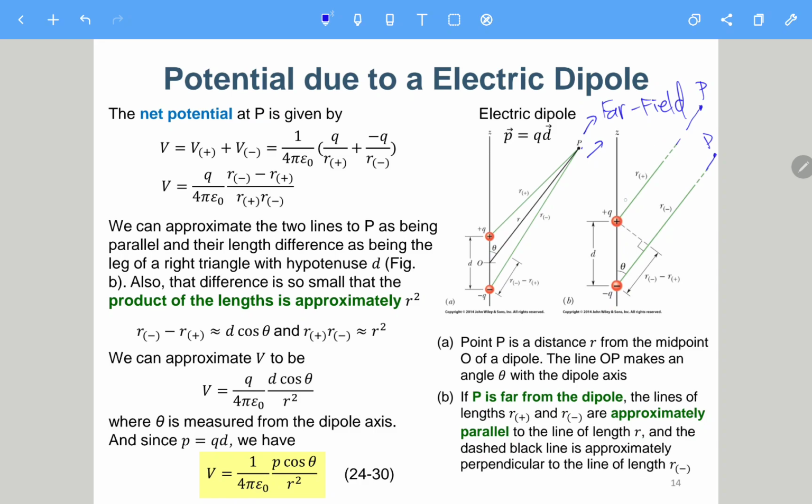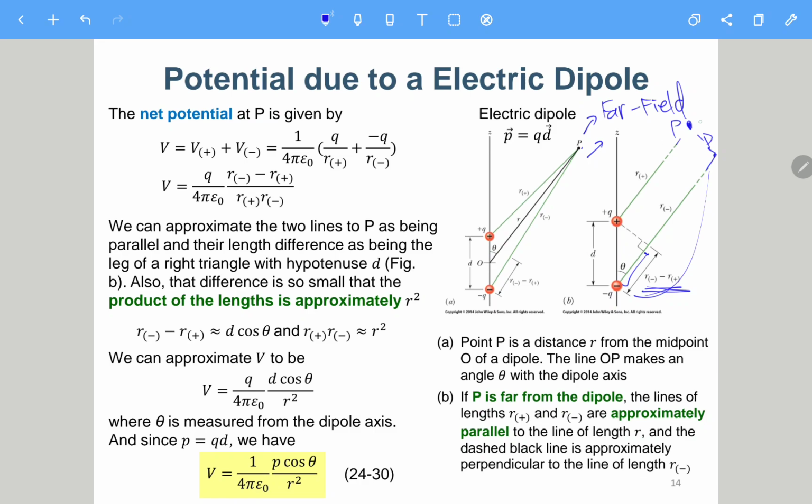Okay, so this is r plus, this is r minus. So when we try to subtract them, of course they should be something like that rather than that one. This is P, this is P. This is r plus, this is r minus. So r minus minus r plus should be this one. Here d is the distance between the dipole, the two charges.